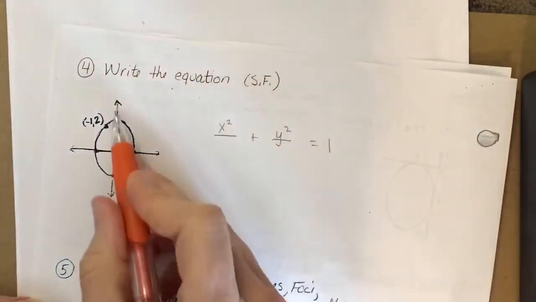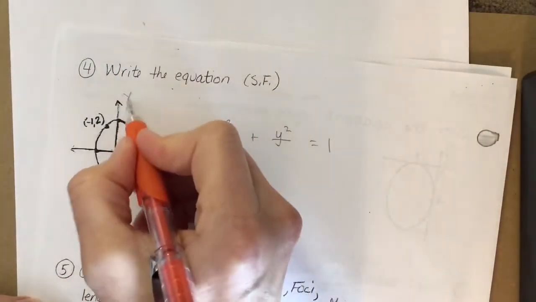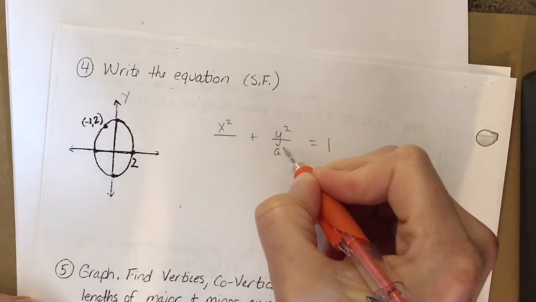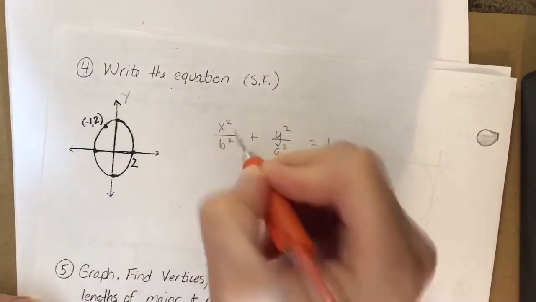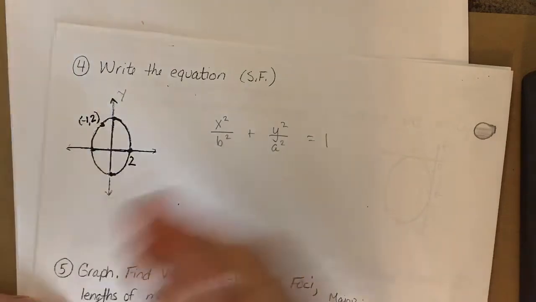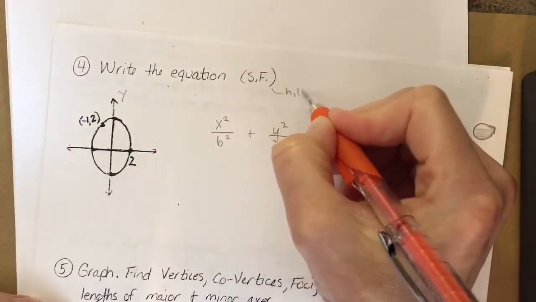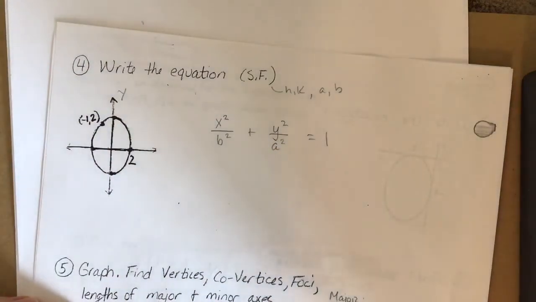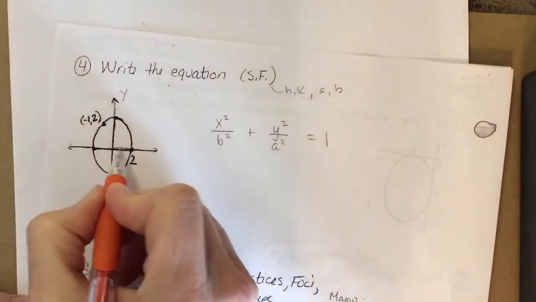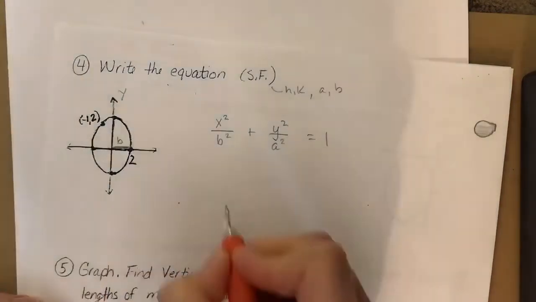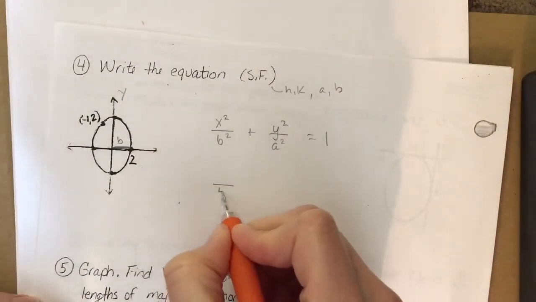And it's a little bit hard to tell, but y is the major, longer than x. So a squared and then b squared. Now, to write the equation, you need h, k, which we know is 0, 0, and you need a and b. What do I have? This distance is b. So I know b squared, which is 4.